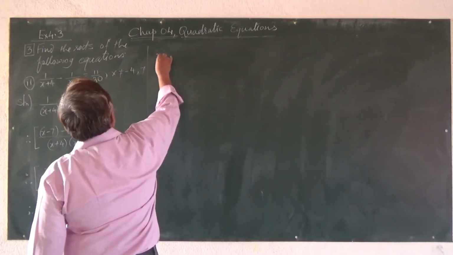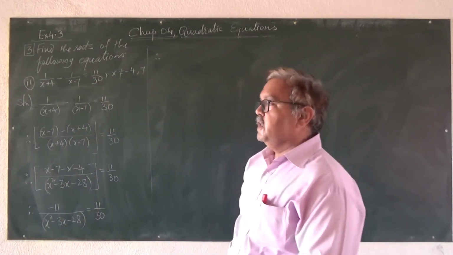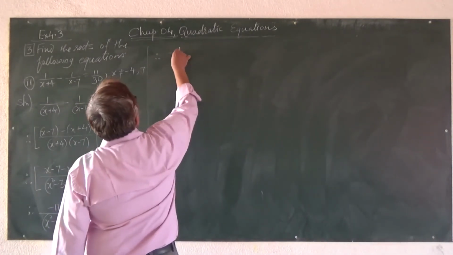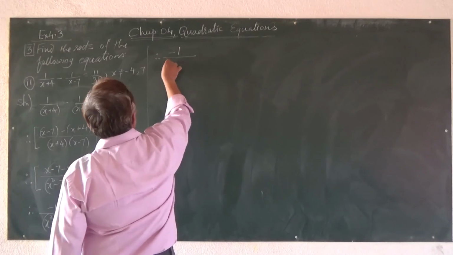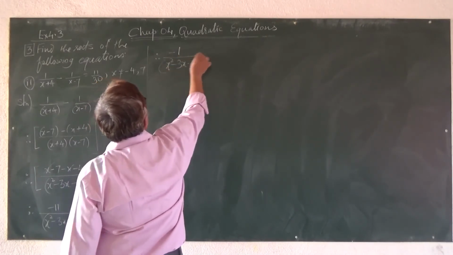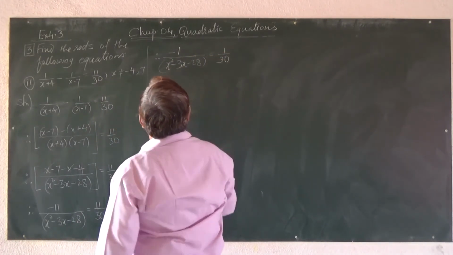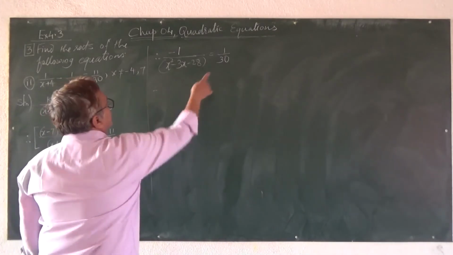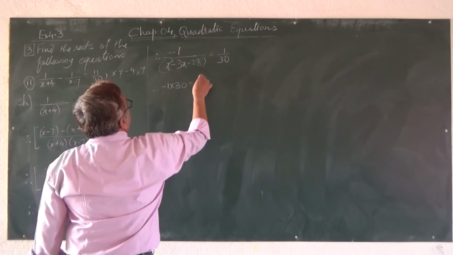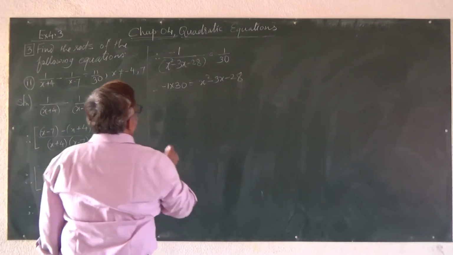Now just cross multiply this. So what you are going to get? This is minus 11, and on the right hand side in the numerator it is plus 11. So 11 cancels. What remains is minus 1 upon x square minus 3x minus 28 is equal to 1 upon 30. Now cross multiply, 30 will go here. So minus 1 into 30 is equal to x square minus 3x minus 28.